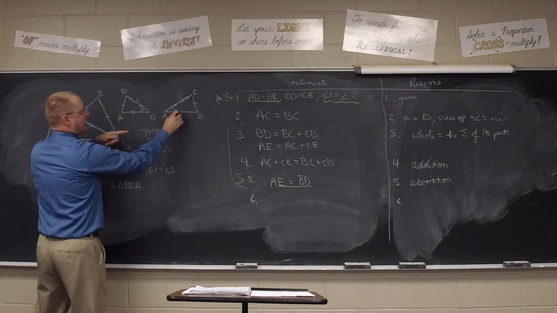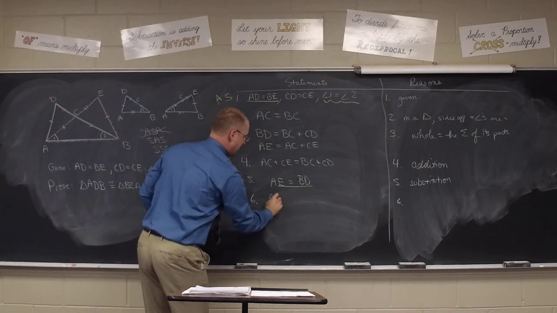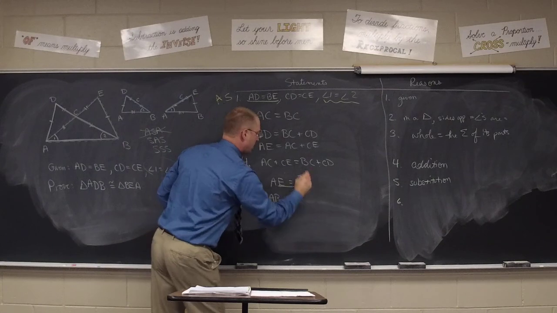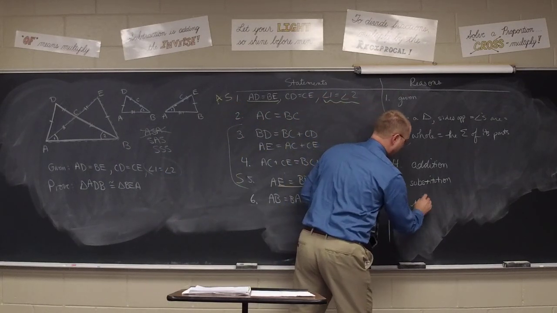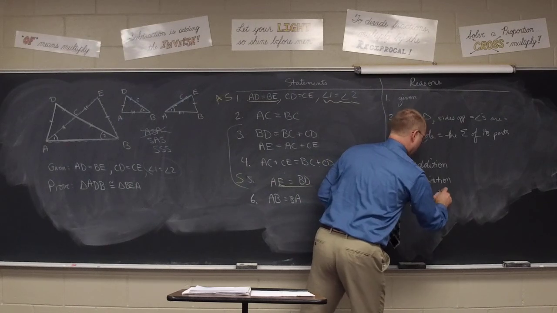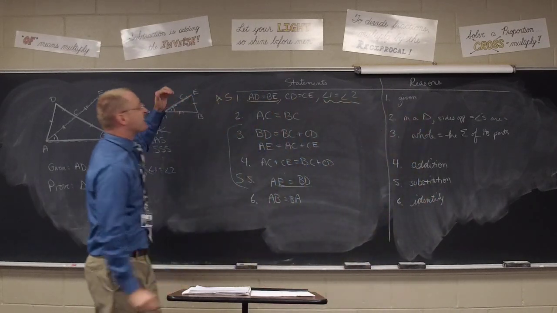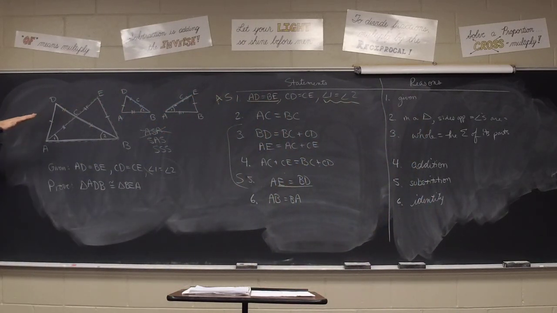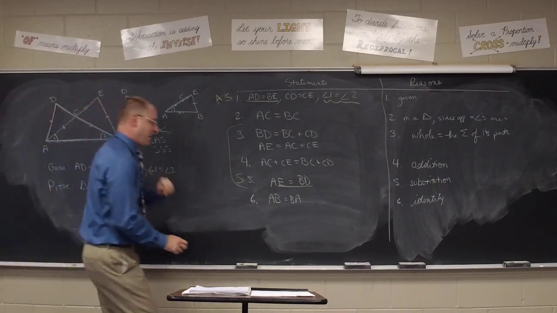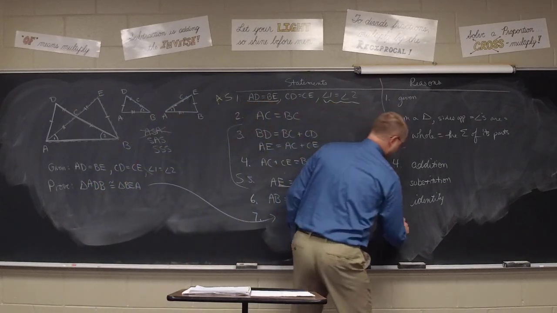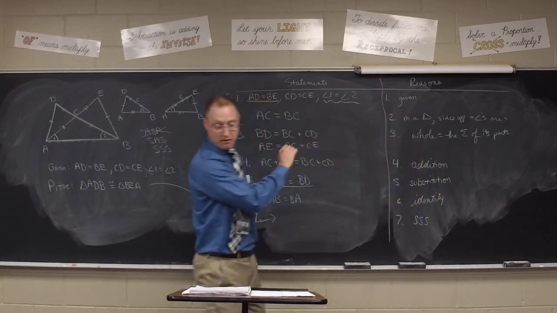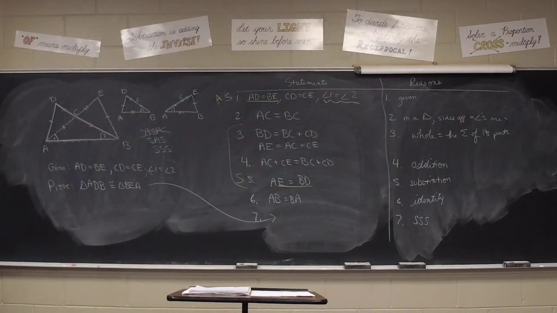So here we're going to say AB equals BA, but it is because of what Lana said: identity. And even though we were given a pair of equal angles at the start, which I would have assumed angle, side, angle too, it just didn't work out, but we can get the triangles congruent by side, side, side. And I believe, yes, that wraps up the proof.